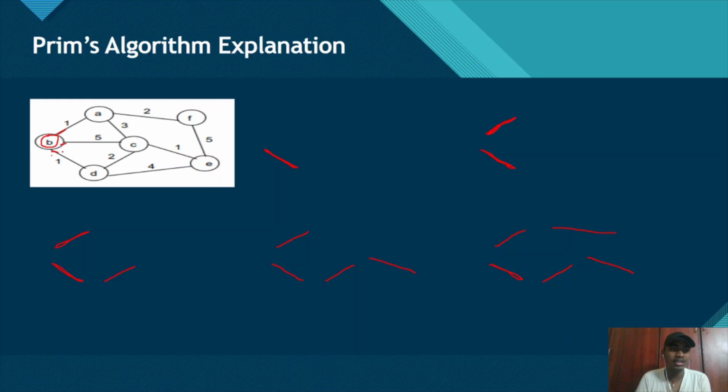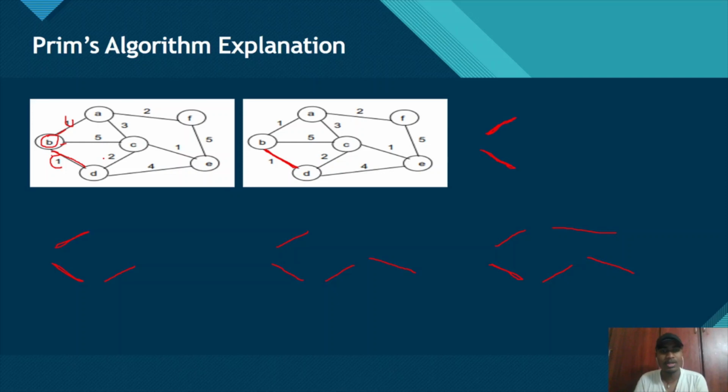In these three, what is the least cost? That is 1 and 1. So you can take anything. As of now, I am taking B2D. So the B2D is the selected edge.